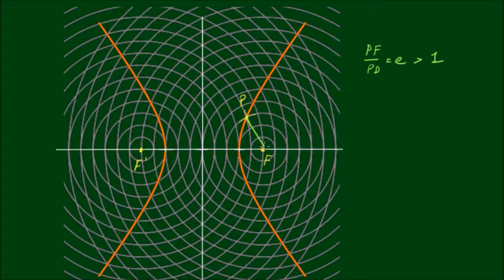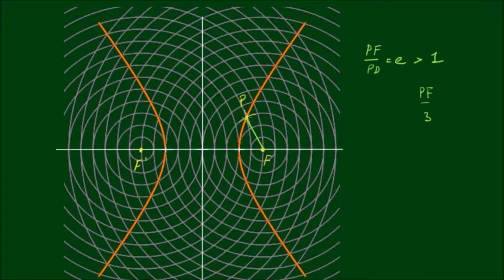Now the distance from point P to its nearest focus, as we can see here, is 3 units. We have 1 circle, 2 circles, and 3 circles to the center. So let's write that down. So the distance PF, here we have 3.